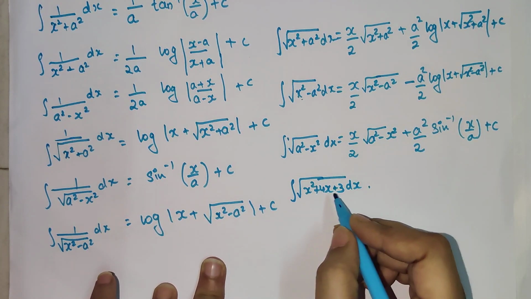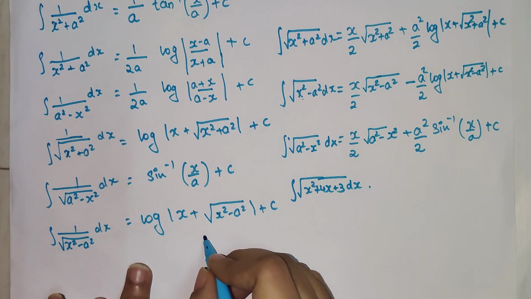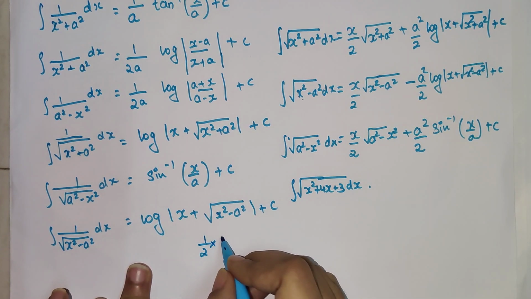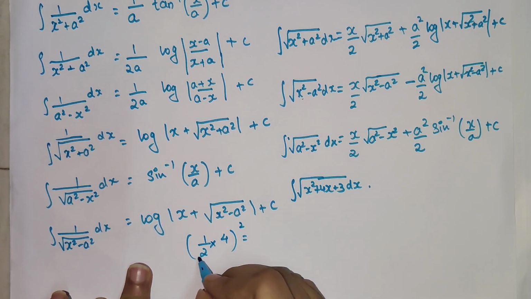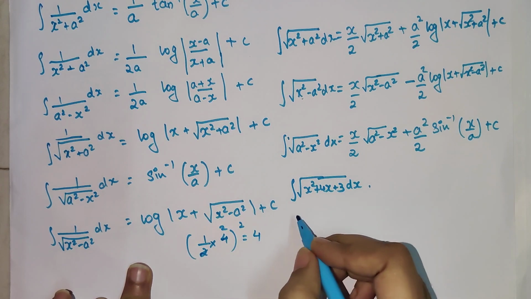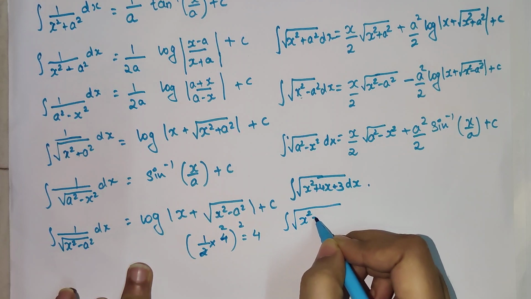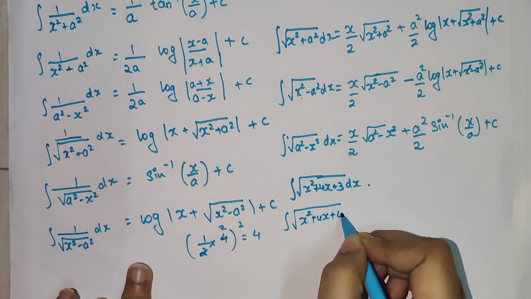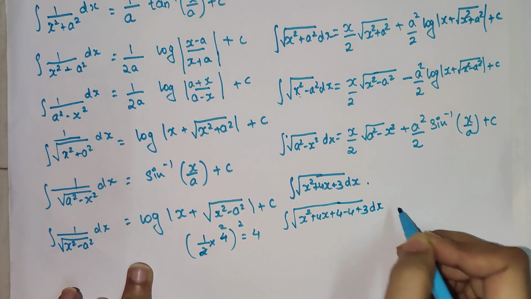Okay, so the formula for completing the square is half into coefficient of x, which is 4, the whole square. So we get this as 2, so 2 square is 4. Okay, so we can write this as nothing but x square plus 4x plus 4 minus 4 plus 3 dx.